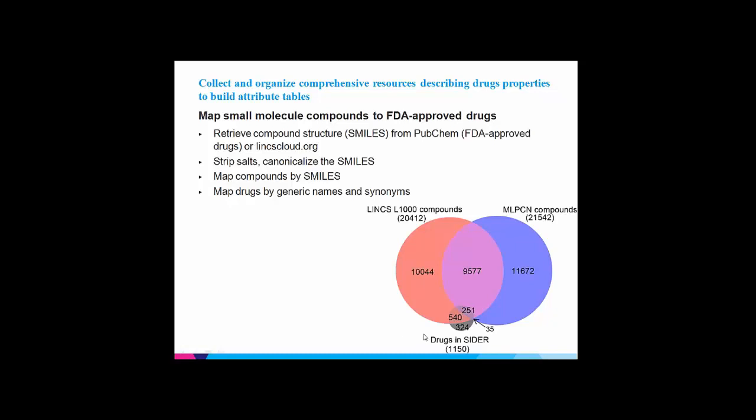As a result, we are able to map around 800 chemical compounds profiled in the LINCS or the MLPCN to the FDA-approved drugs in SIDER. Here is a Venn diagram showing this overlap.